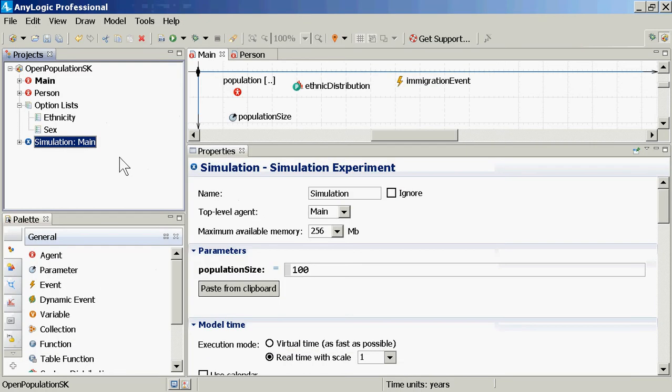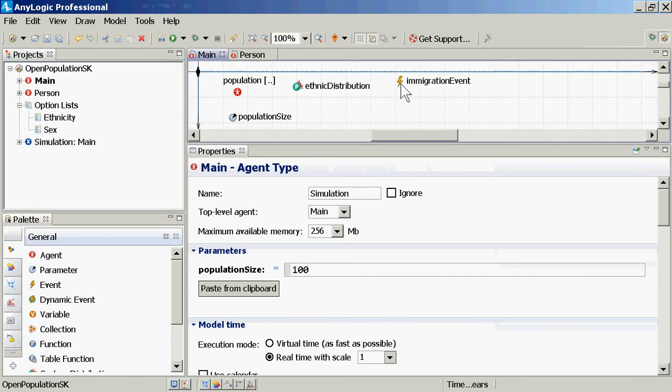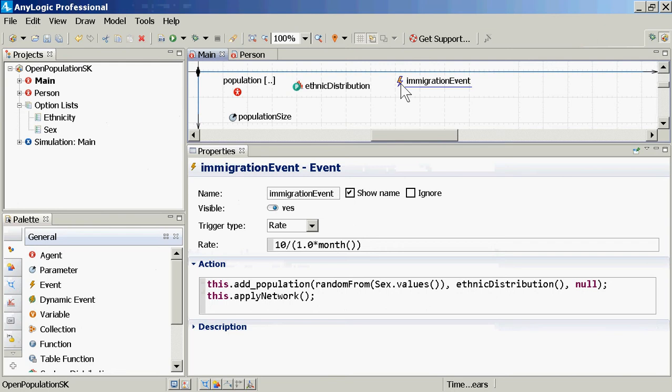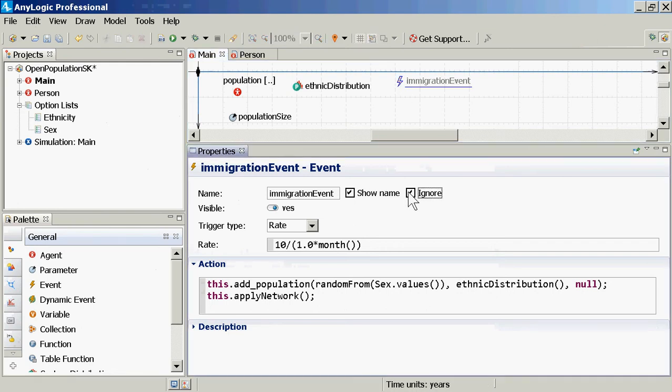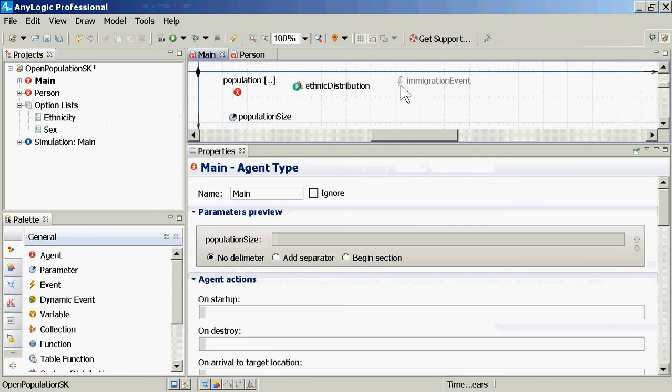Okay. Ladies and gentlemen, we're now actually going to go and we'll disable this immigration event. It's useful to know how to do this in AnyLogic. You can tell it to ignore this event, and notice it will gray it out. And that means basically pretend like it's not there.